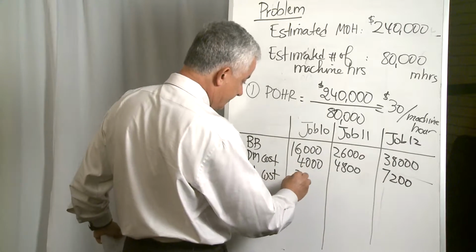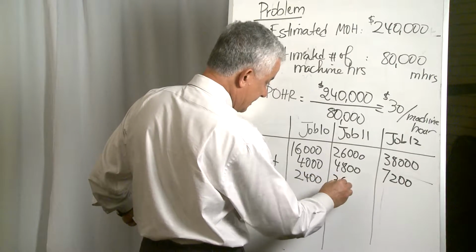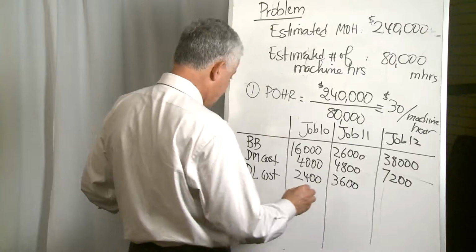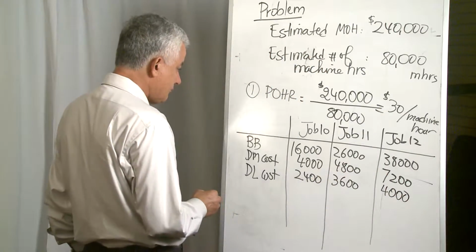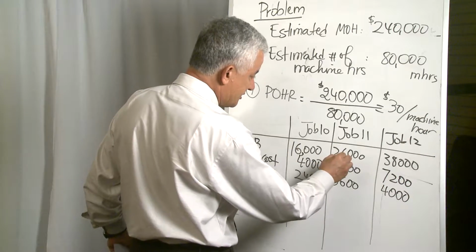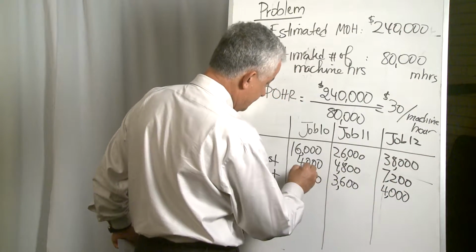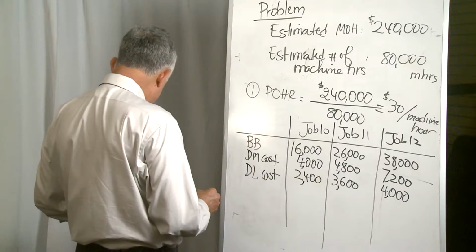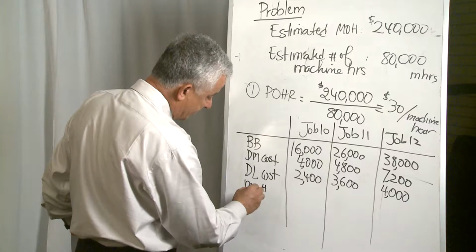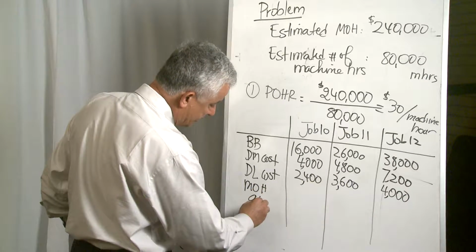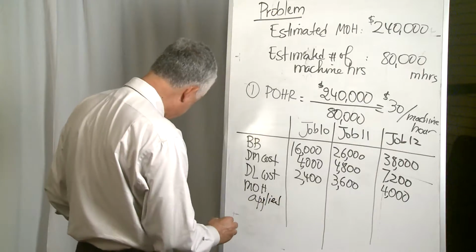And then we have 2,400, 3,600, and then 4,000. Okay, good. And then we have the manufacturing overhead applied. MOH stands for manufacturing overhead. Applied or allocated are used interchangeably. They mean the same thing.